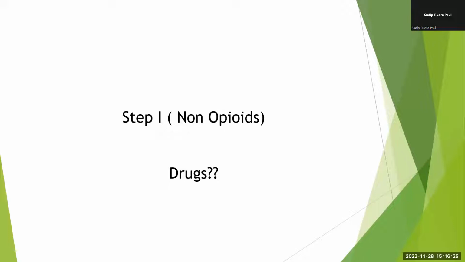Zerodol, please don't write the brand name. Try to write the pharmacological name. Tramadol is not a non-opioid. Zerodol is the combination of paracetamol and aceclofenac. Voveron is diclofenac. Any other drugs you can remember?